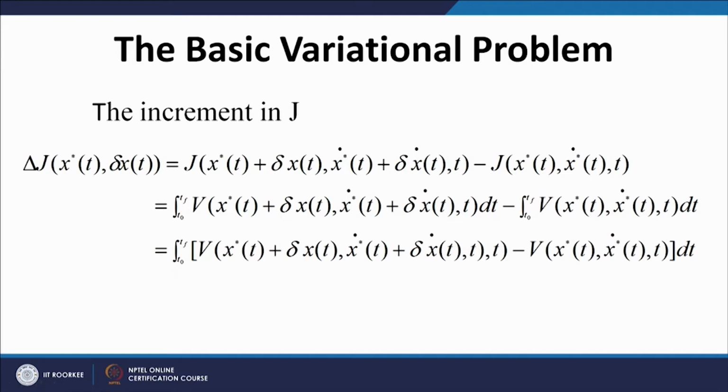These two integrals have similar limits, t0 to tf, so we can combine them together and write V of x star plus delta x, x dot star plus delta x dot, t, minus V of x star(t), x dot star(t) and t.